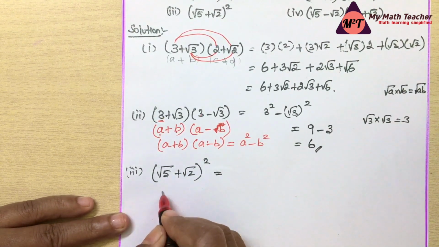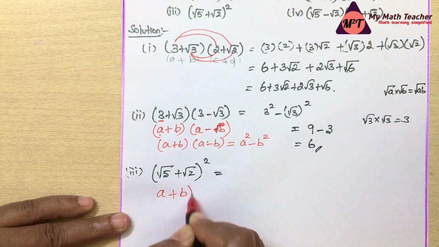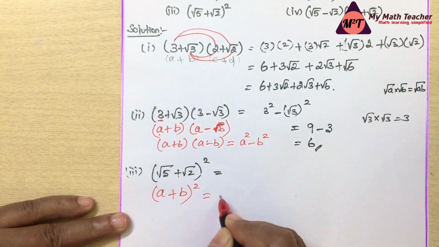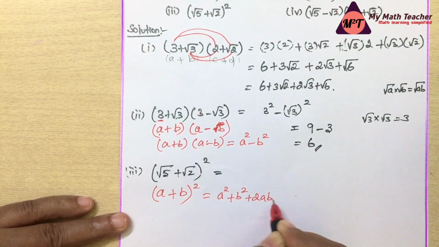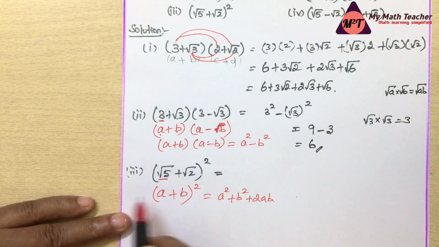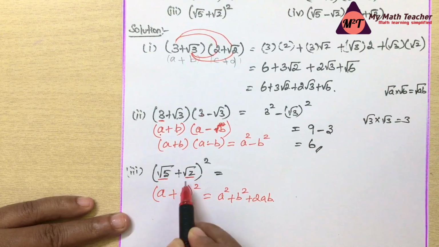Now the third subdivision, that is (√5 + √2) the whole square. This resembles the (A + B)² form, that is A² + B² + 2AB. In this case A is √5 whereas B is √2.